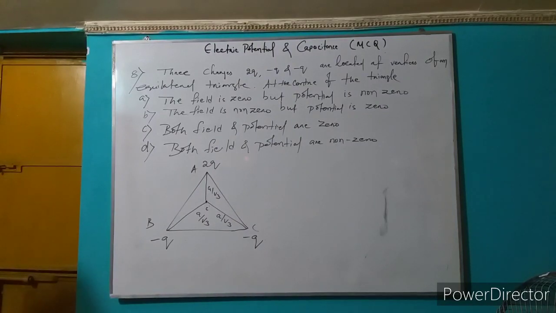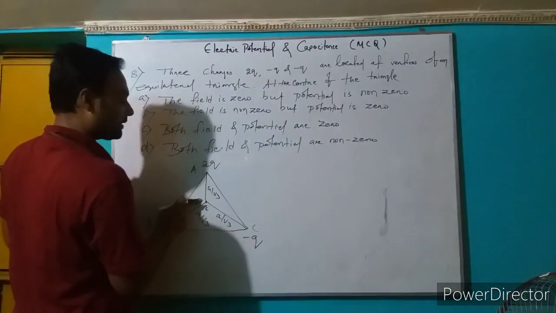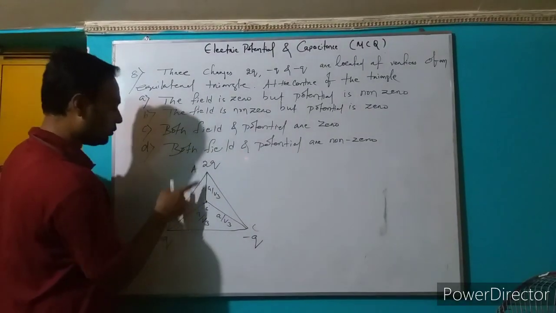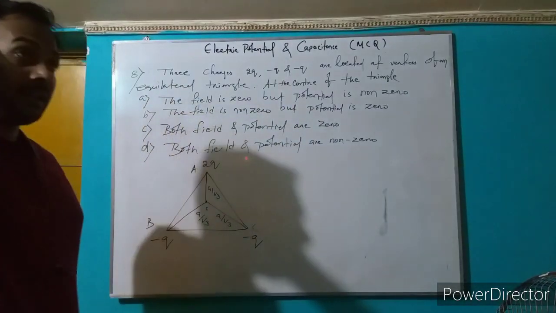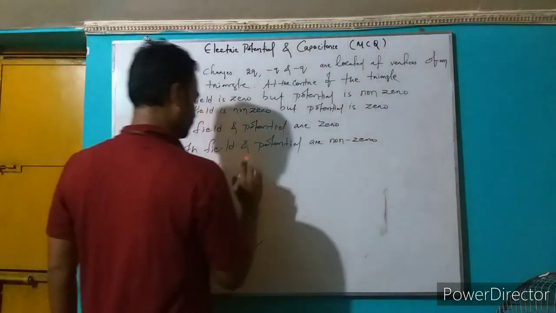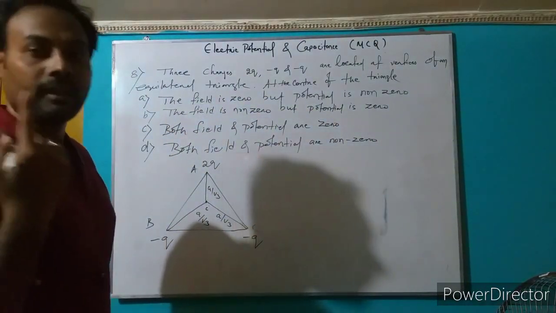Now we have to find the electric potential at that point. Here, the electric potential at that point due to charge A. We know the potential at a particular point due to a point charge is given by the formula 1 by 4 pi epsilon 0 times q by r.